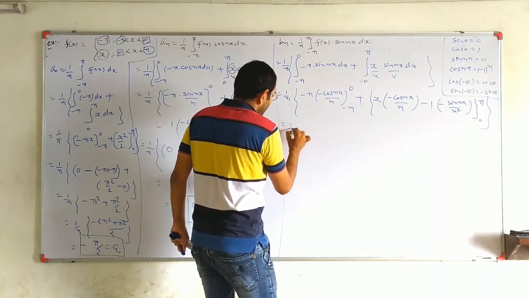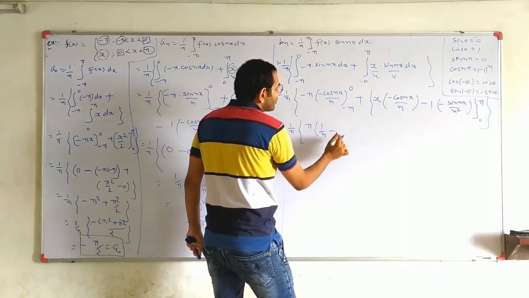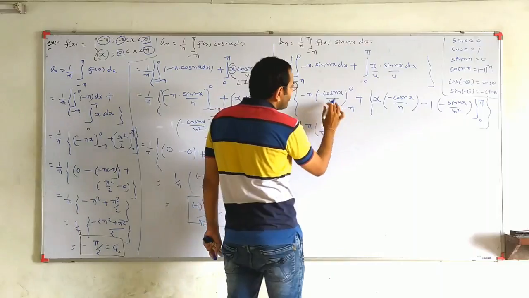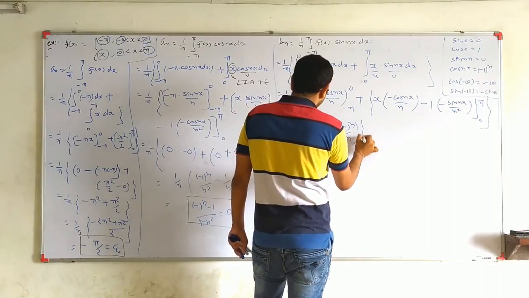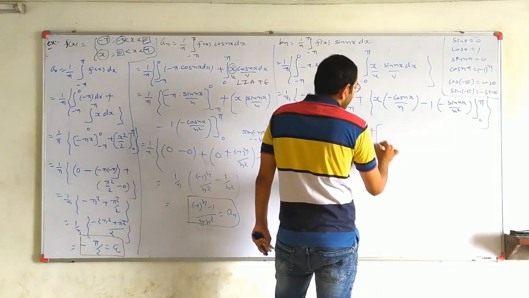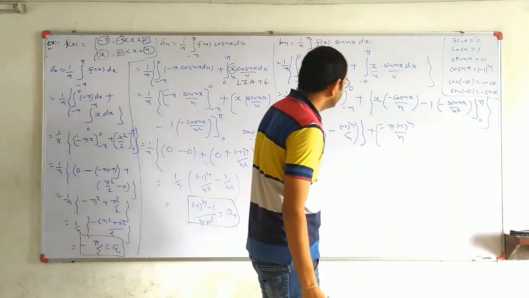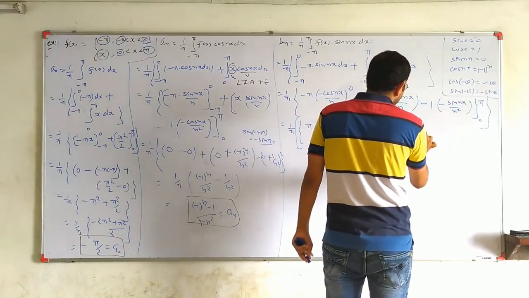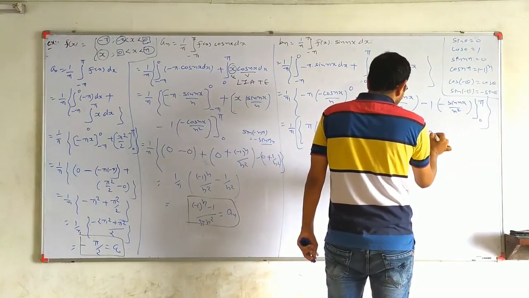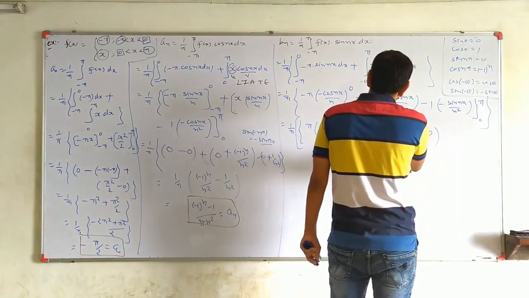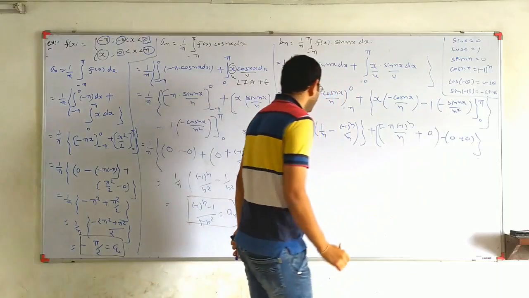Then minus minus plus: here pi cos 0 is 1, then 1 upon n minus cos of lower limit, cos of minus theta is cos theta, then cos n pi is minus 1 raised to n upon n, plus here minus pi cos n pi, minus 1 raised to n upon n, minus minus plus, sin n pi is 0, 0 into anything is 0, lower limit minus sin 0 is 0.